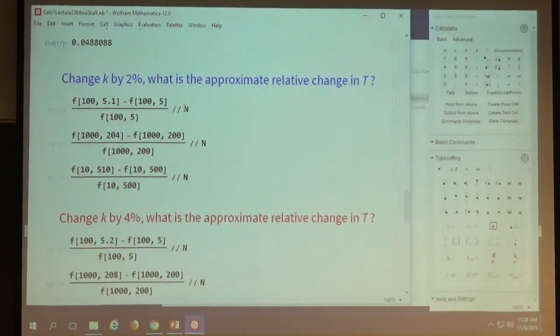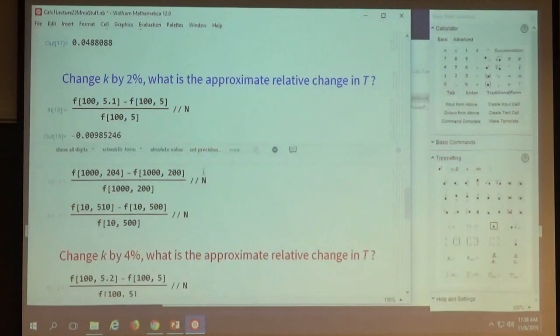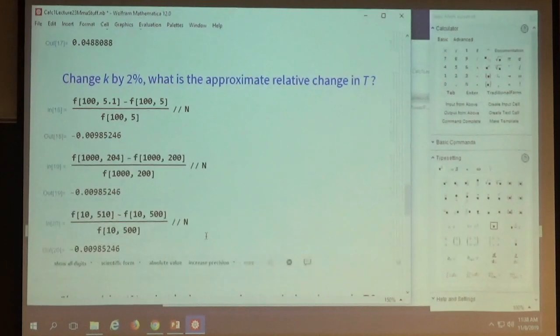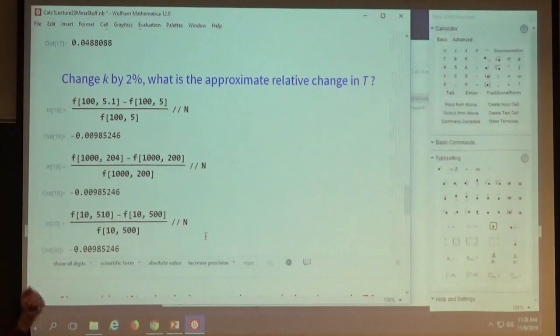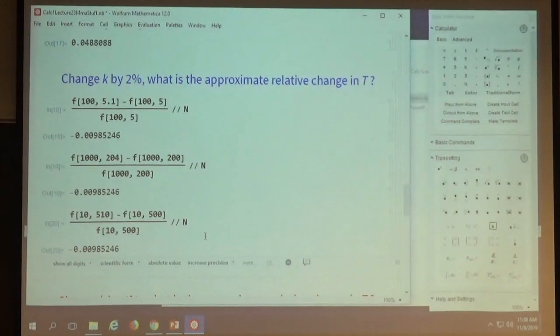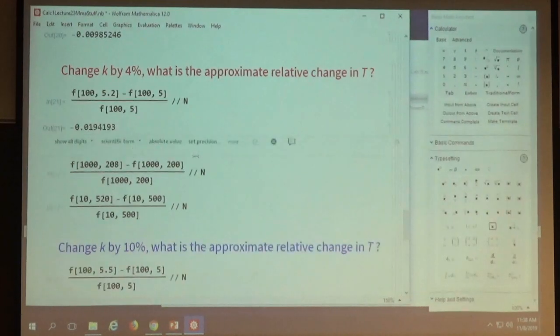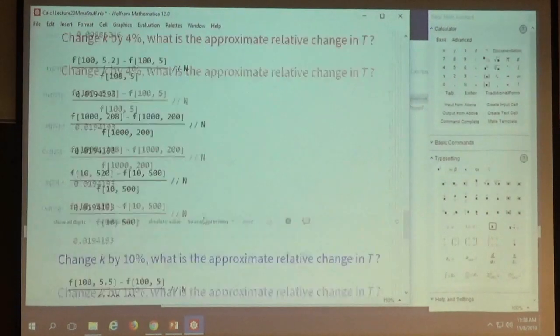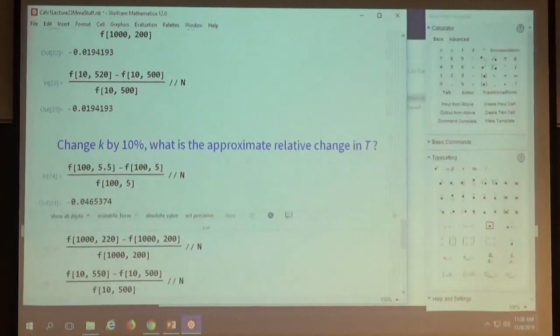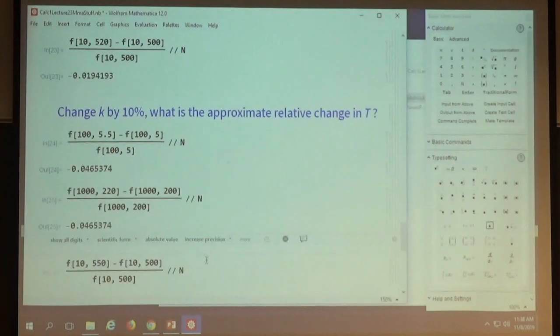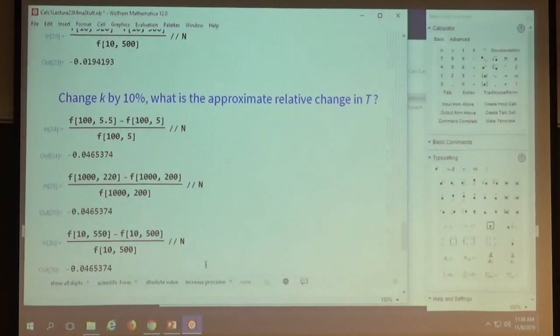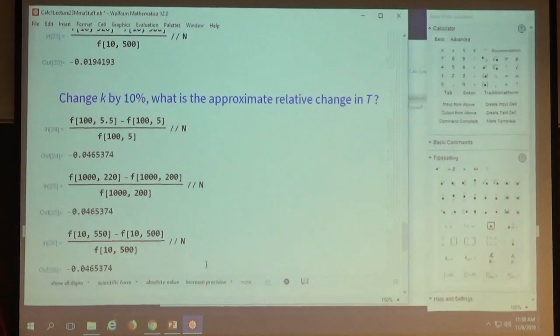These give you about negative 1%. Yeah, these are all pretty close to negative 0.01. 1% decrease approximately. And I can increase k by different percentages as well. Once again, the percentage change in the period is negative half of what the original change is, approximately.